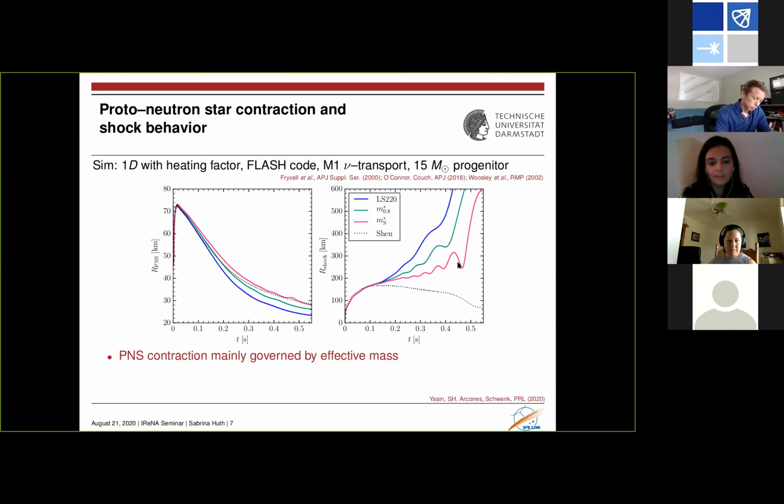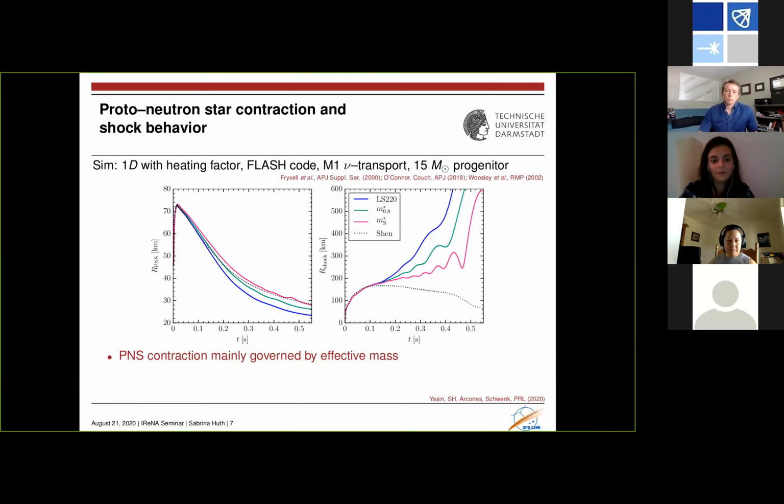The reason for this is that if you have a faster contraction, then the temperature at the surface of the proto-neutron star will increase. And by this increase, the neutrinos that are emitted at the surface are more energetic, such that if they are absorbed right behind the shock, then they can put more energy into the shock, and therefore the radius of the shock wave can further evolve to higher radii, and this leads to an explosion.